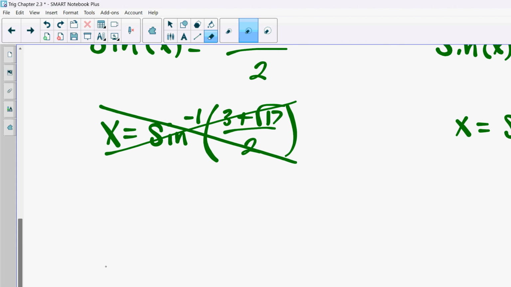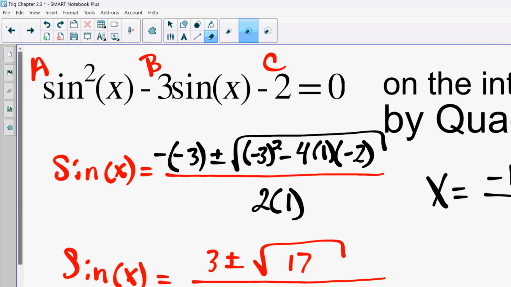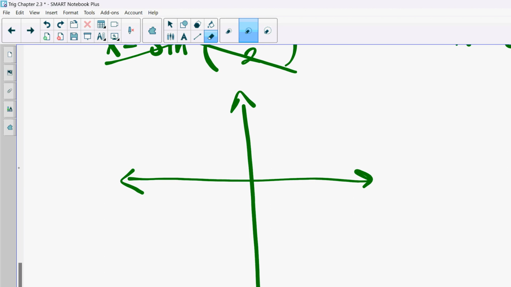Now, that is nice to know, but we want it on the interval from 0 to 2 pi, yes? Now, negative 0.5962 is not between 0 and 2 pi, because between 0 and 2 pi, we're talking about positive numbers, yes?